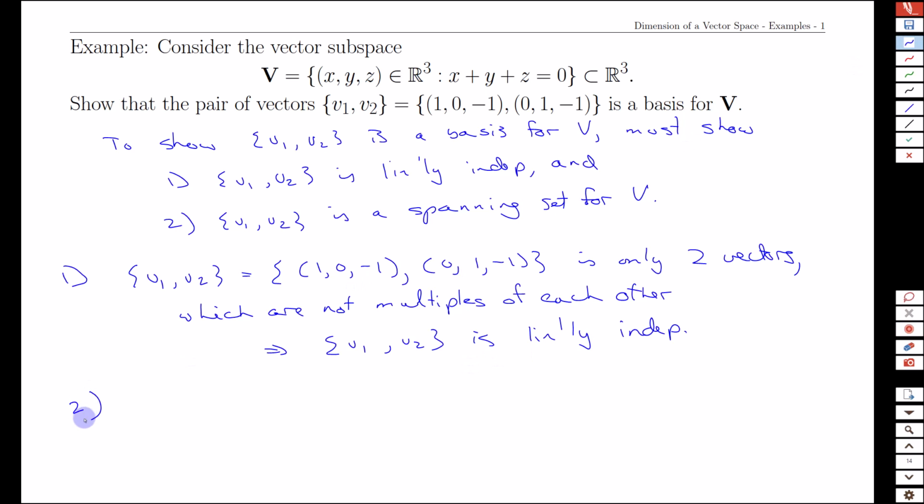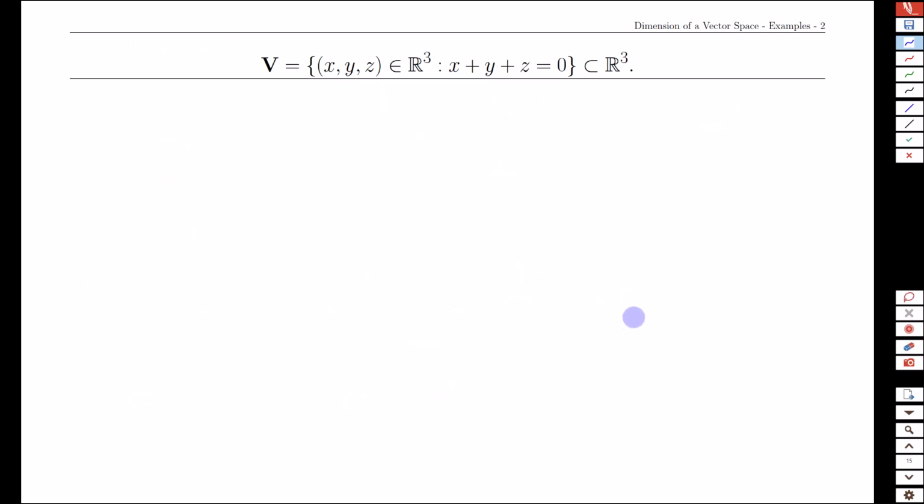Step 2, the spanning set. Well, what does that mean? It means that v1, v2, let's put this as a claim. So our claim is that v1, v2 spans v. And what does that mean?